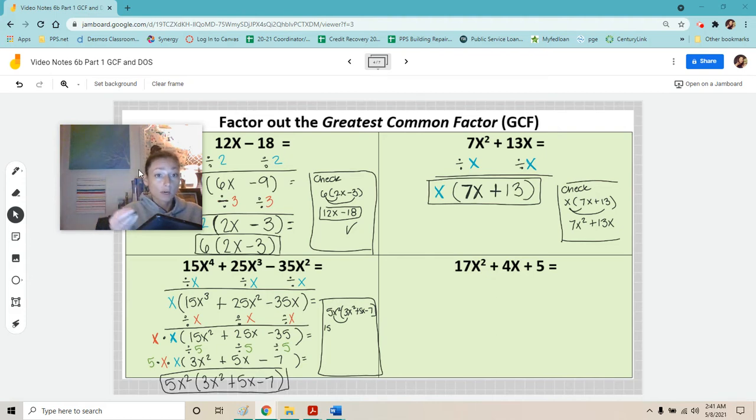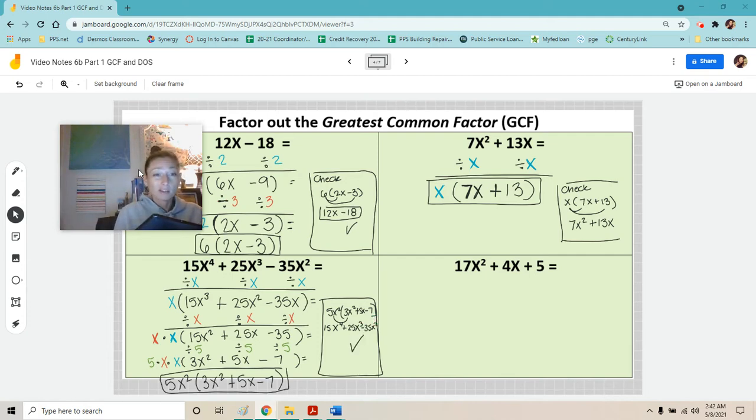That makes a total of 4, so that's x to the 4th. 5 times 5 is 25. And then x squared times x, that's 2 x's getting multiplied, and then another one getting multiplied, so that's a total of x cubed. And then 5 times negative 7 is negative 35, and it will have that x squared on there. So that checks out. That gets us back to our original problem.